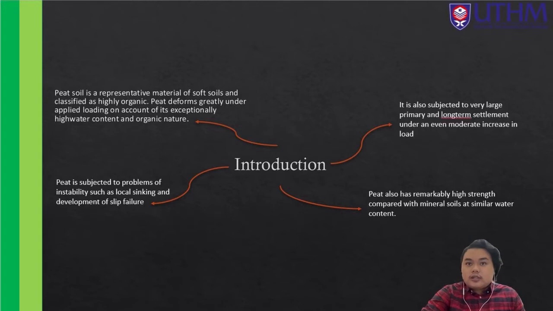It is also subject to very large primary and long-term settlement under even a moderate increase in load. Peat is also subject to problems of instability such as local sinking and development of slip failure.